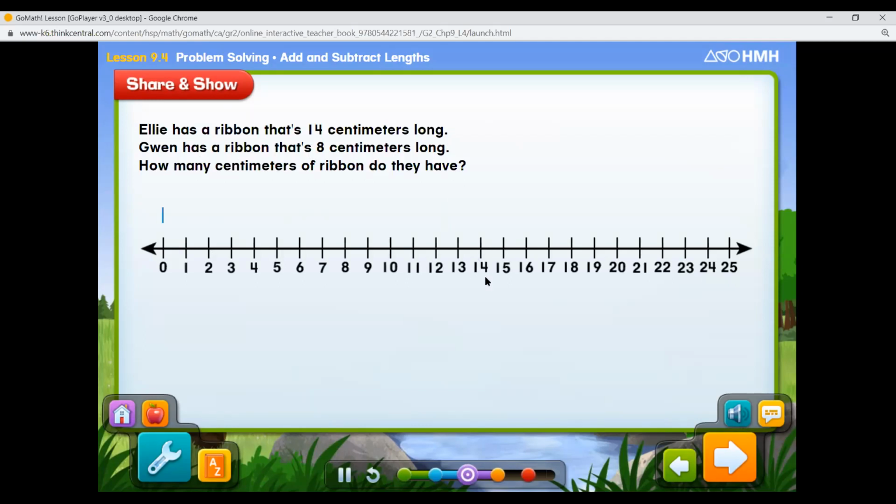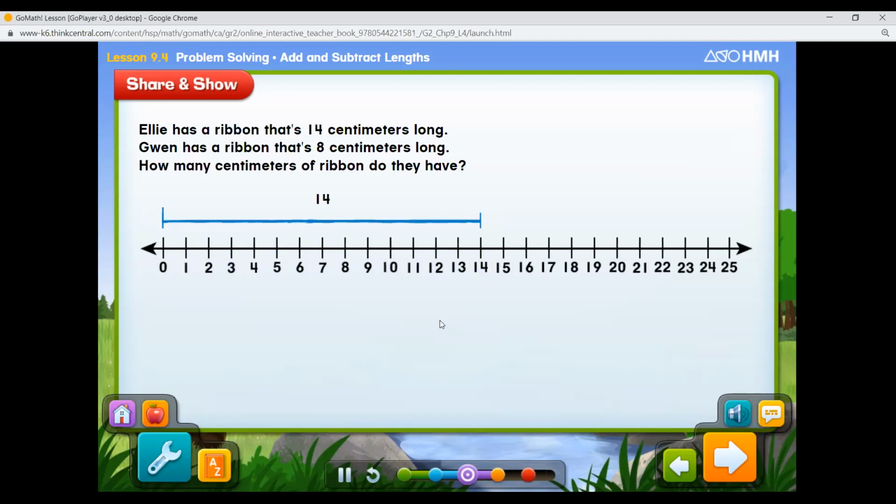Start at 0 and count 14 spaces along the number line. That's right. The 14 centimeter mark shows the length of Ellie's string.